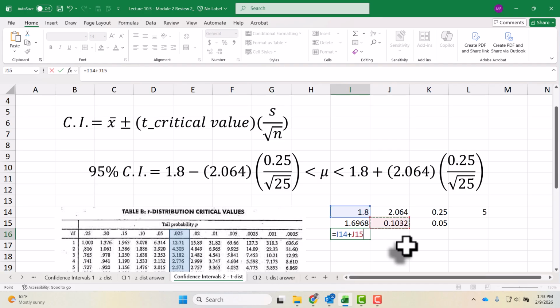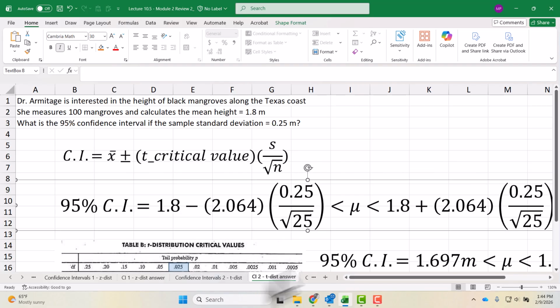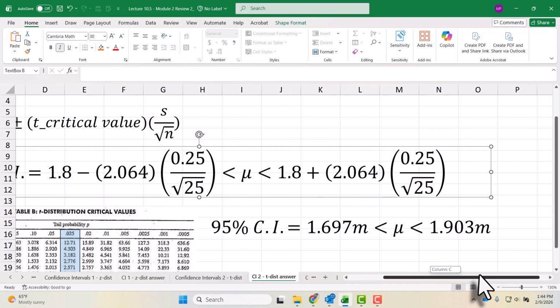We add that value. And our answer should then be 1.697 is less than mu, which is less than 1.903. If you go to confidence interval 2 t-distribution answer, it walks us through and it gives us that answer.